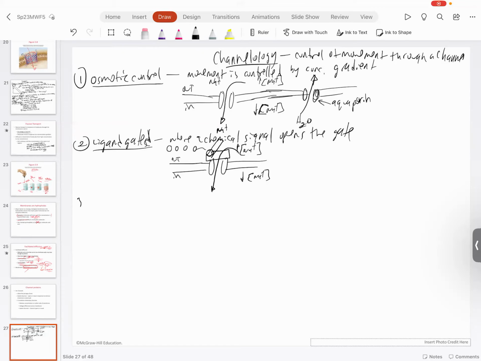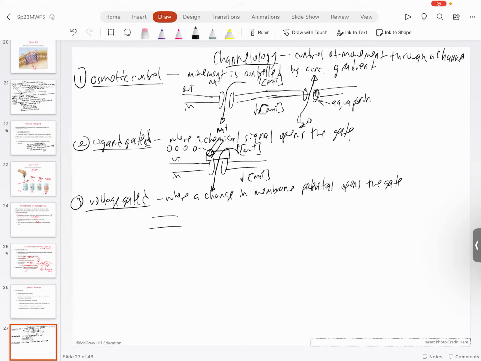So the next one is what's called a voltage gated system. This is where a change in membrane potential opens the gate. Now let's take a look at this. So what I want to do is I want to do a ligand gate first.